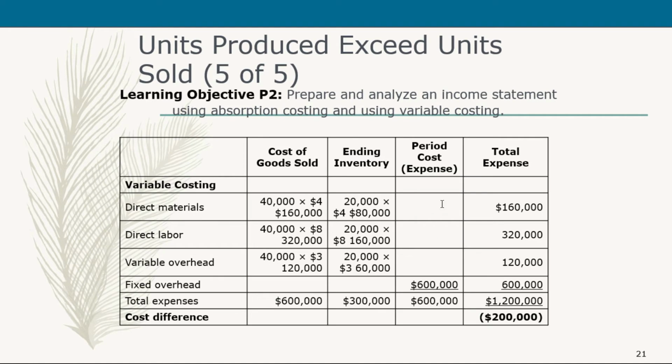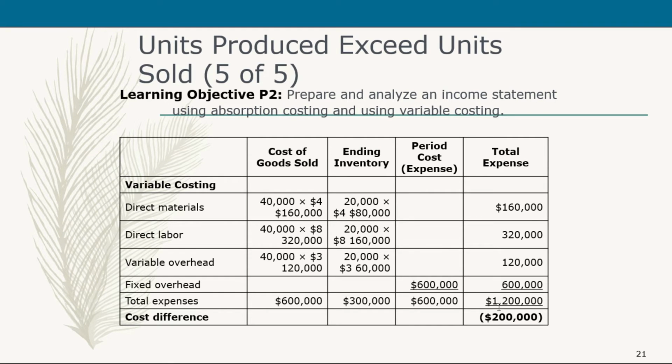Each element has a cost assigned pertaining to each element of the product cost. Whereas with your variable costing, the computation is the same for your direct material, direct labor, and variable overhead. The difference is that for your fixed overhead, we didn't put any amount under your cost of goods sold and ending inventory. Why? Because the full amount pertaining to the incurrence of your fixed overhead cost now goes to the period cost. It is now an outright expense and not part of your product cost.